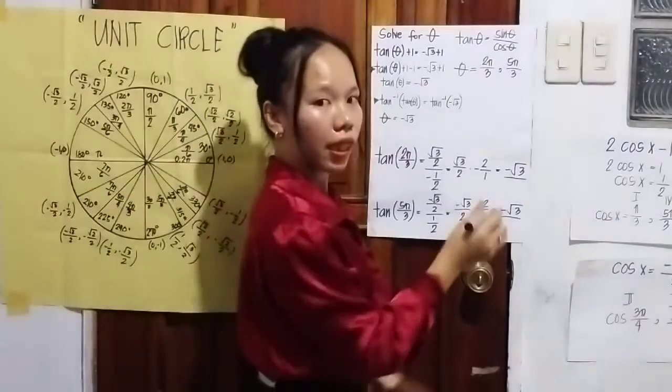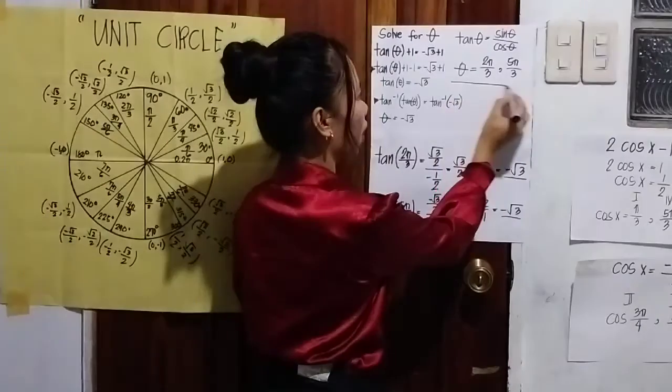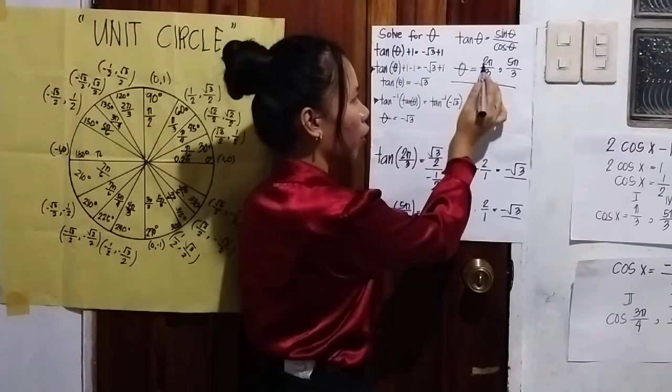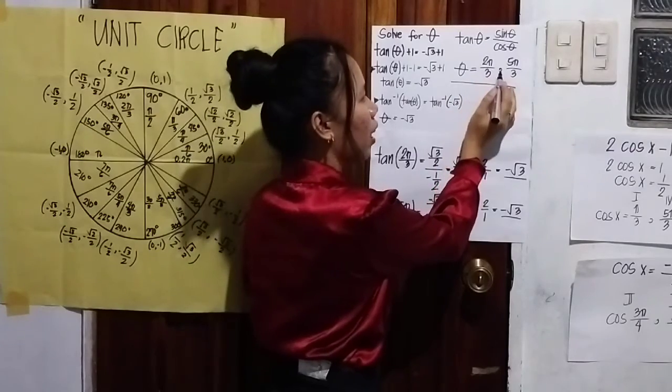So the answer for our theta is this: theta is equal to 2/3 pi and 5/3 pi.